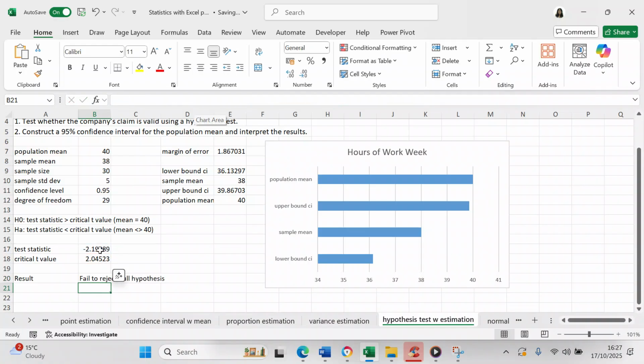So now what I've done is I've changed this to say if the absolute value of B17, that's 2.19, is less than B18, then that's going to be failed to reject the null hypothesis. So the absolute value 2.19 is greater than B18, then you're going to fail to reject the null hypothesis. So let's check this.